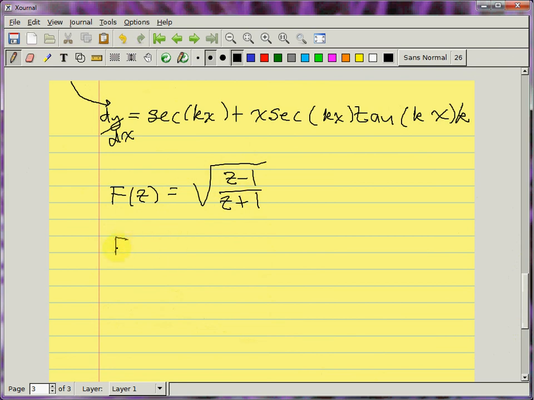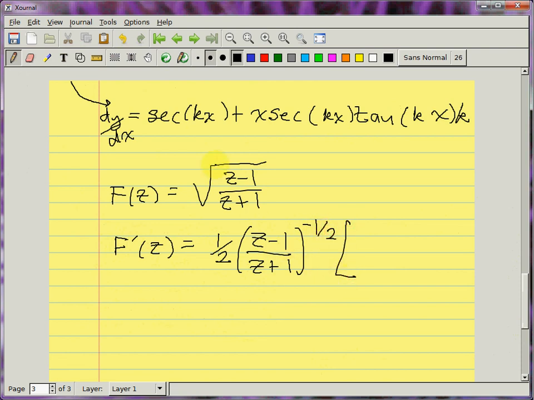So now I'm going to do it sort of without comment, and this is the way you'll start doing it when you've practiced it enough. The 1/2 comes down, and you leave the stuff alone inside, and here you've got z plus 1 on the bottom. This becomes a minus 1/2. Now you have to do times the derivative of the stuff on the inside, and that is a quotient rule problem. So take the derivative of the top thing first, which is 1, and multiply it by the bottom thing, so that's just z plus 1.